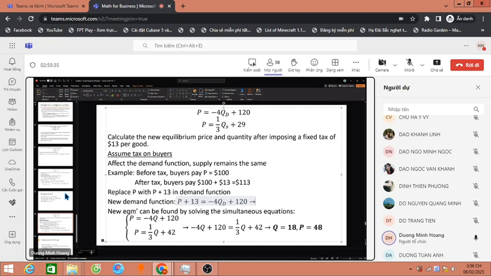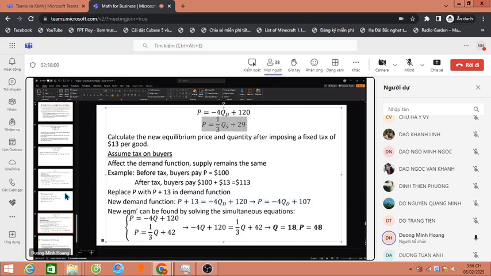So we have P equals plus 17. This is our new demand function, and we say that our supply remains the same.